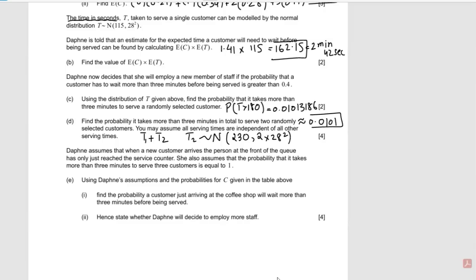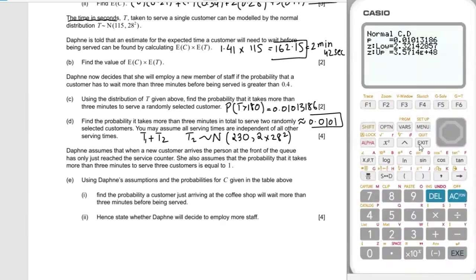So they're saying, find the probability that it takes more than 3 minutes in total to serve two randomly selected customers. So let's go back to the calculator. The rest is fine, I need to change my variance. Let's put a double of 28 squared just to be on the safer side. I'm just using this, and I think I should put a bracket so it doesn't mess up my work.